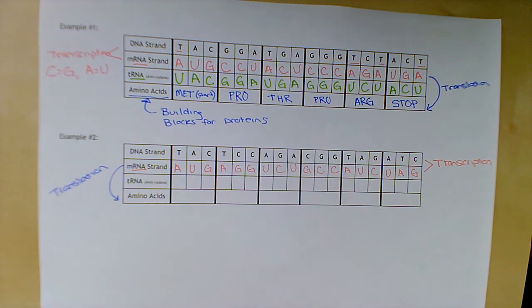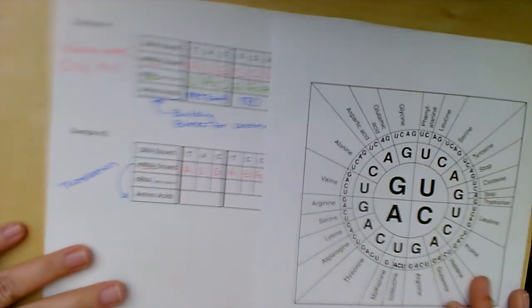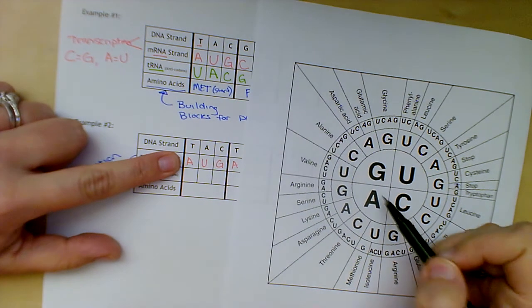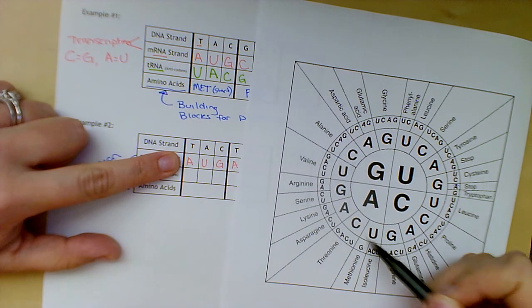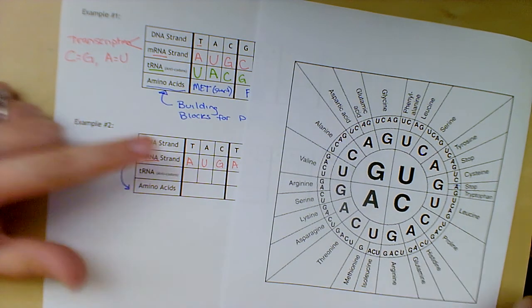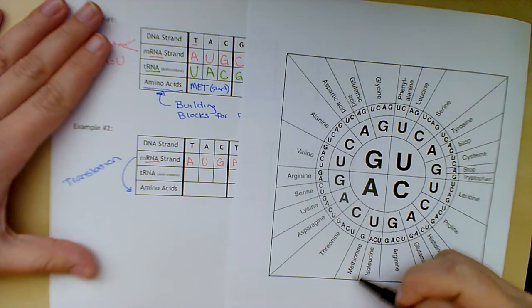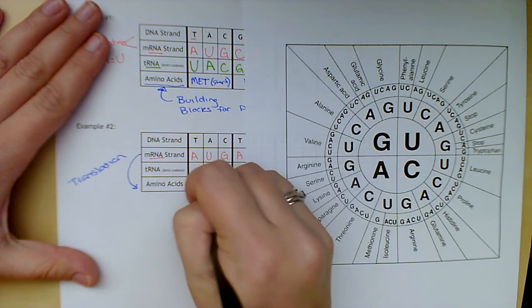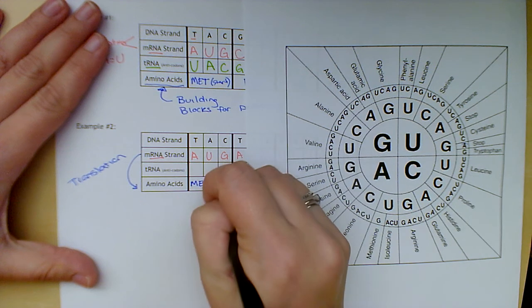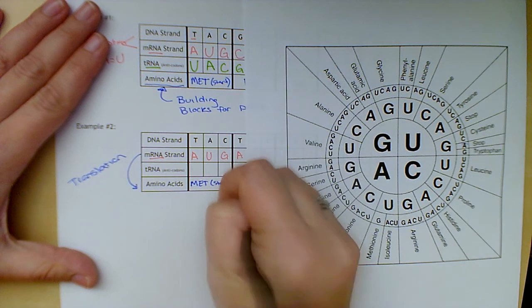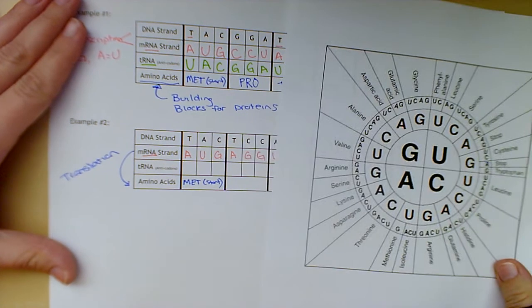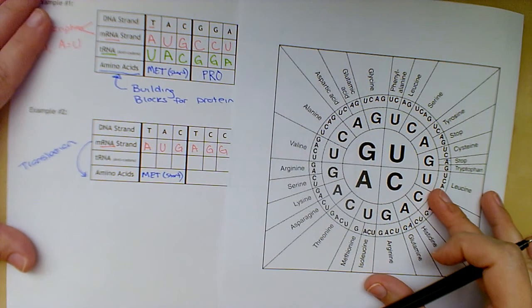So again, I'm going to use my codon chart. AUG is my first codon. A, U, G. Hey, good news, guys. I'm starting with my start codon, the MET. So I know I'm using the right strand. My next codon, AGG.